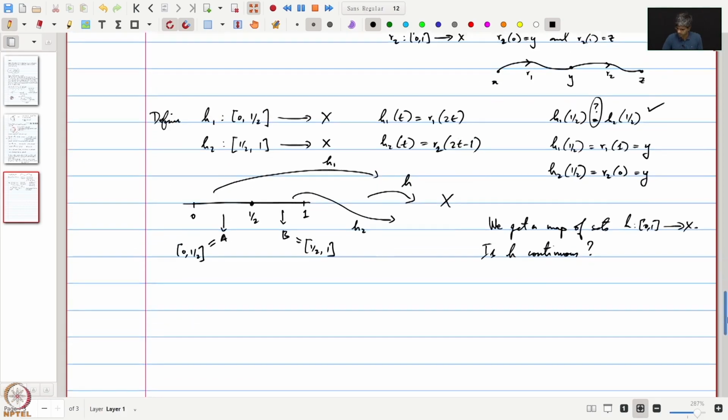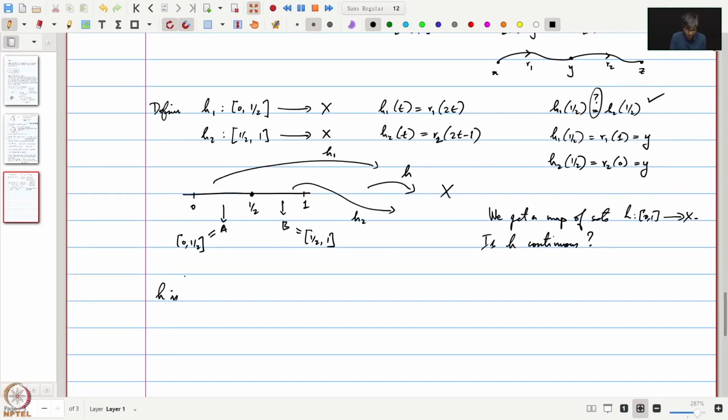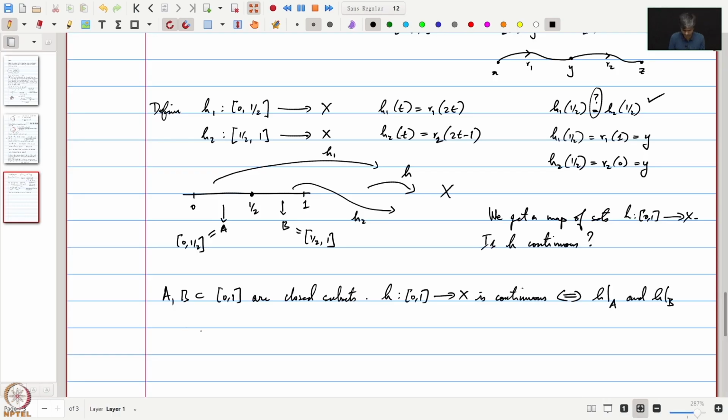Recall our theorem. Since A and B contained in [0, 1] are closed subsets, H from [0, 1] to X is continuous if and only if H restricted to A and H restricted to B are continuous.